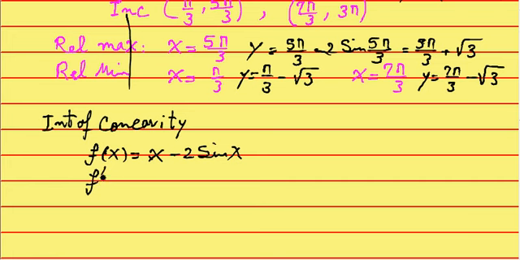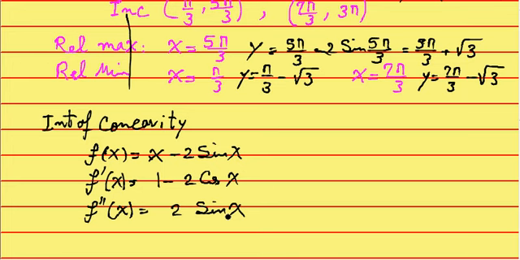We differentiated that, became 1 minus 2 cosine of x. We need to differentiate one more round. It becomes 2 sine of x. We need to know when this second derivative is positive and when it is negative.